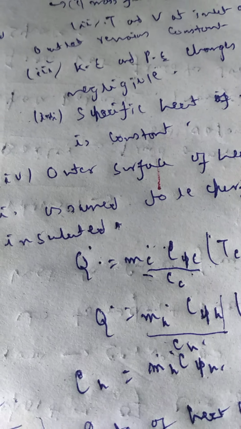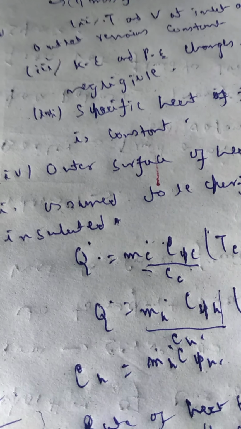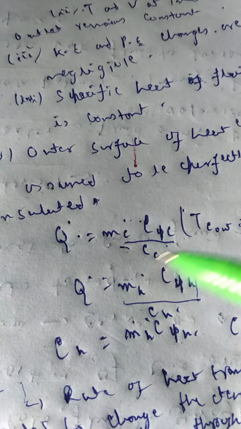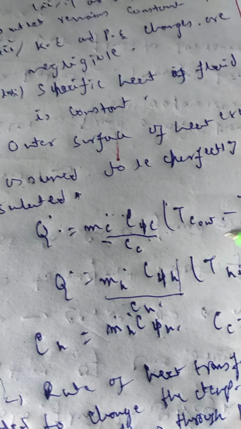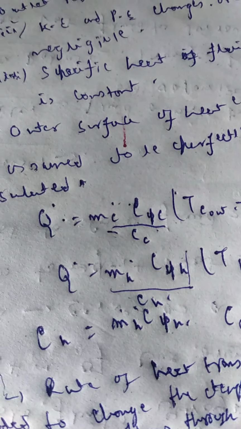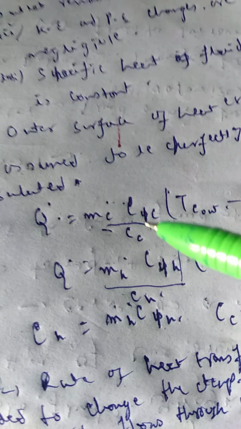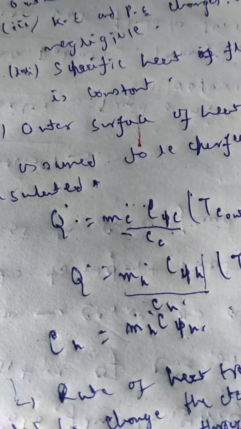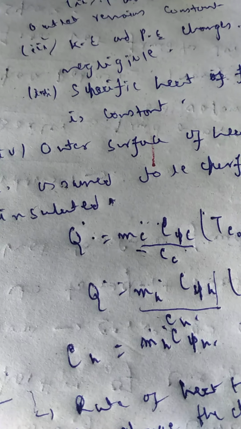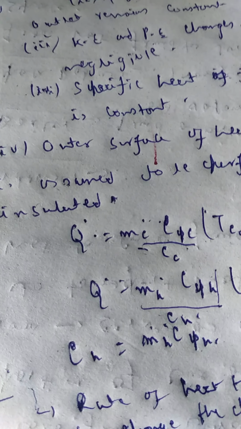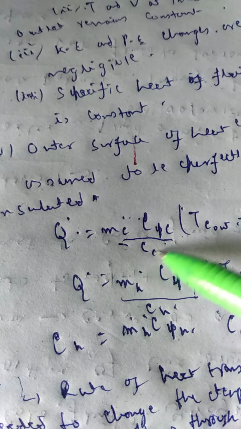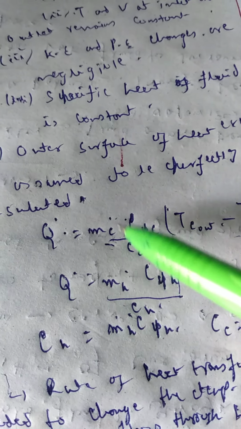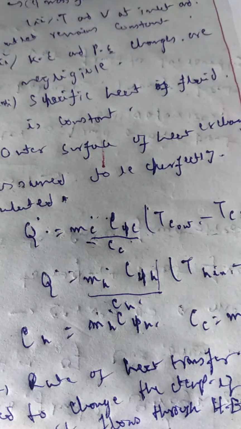So it is obvious that in the heat exchanger, the fluid that has a large heat capacity rate will experience a small temperature change, and a fluid with small heat capacity rate will experience a large temperature change. So by doubling the mass flow rate of a fluid, suppose this mC, we make it 2 times without changing any other entity, the temperature change will be halved.